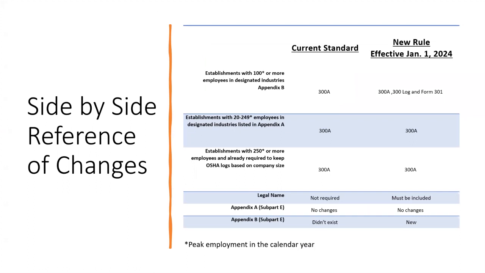So here's just a little side-by-side reference of the changes. You can see what currently is required is establishments with 250 or more employees, and that is peak employment. All of this is peak employment at the establishment level.